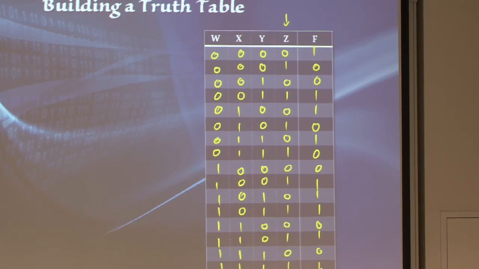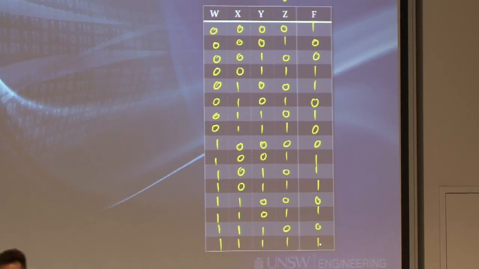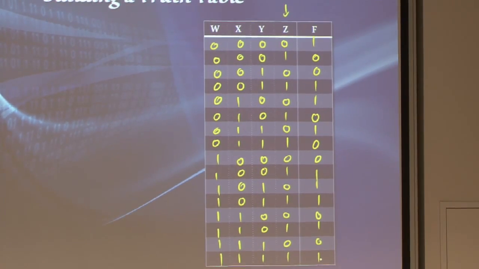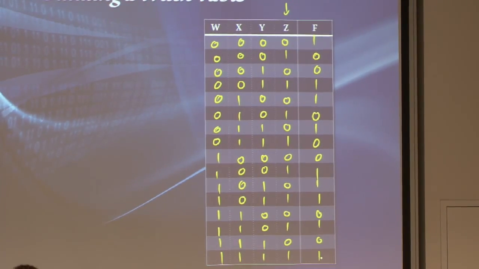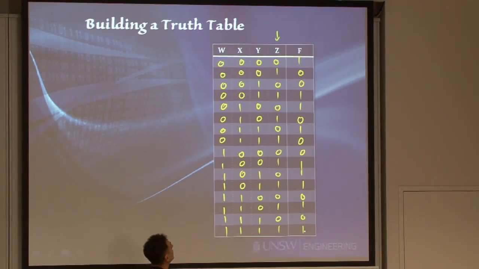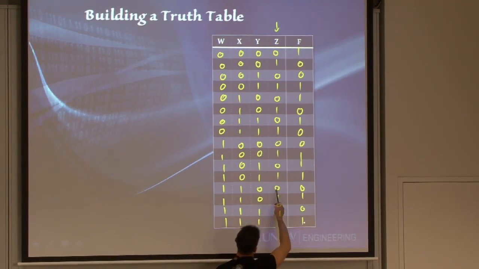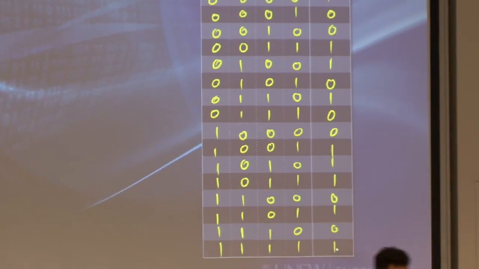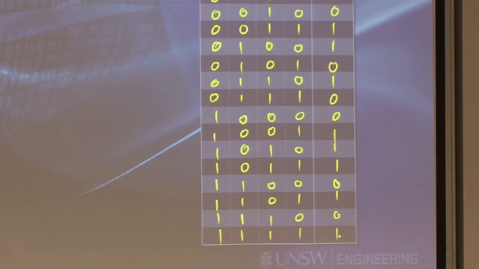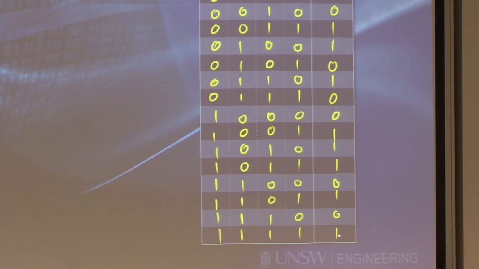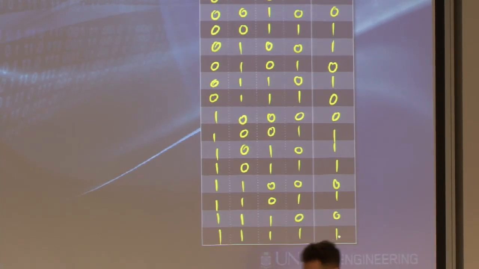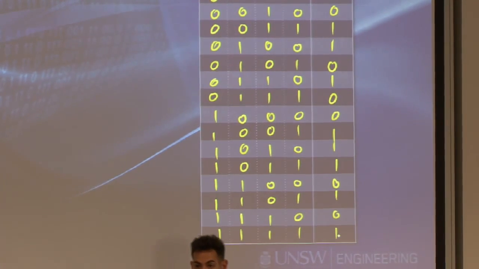For no apparent reason why I chose these combinations of zeros and ones, it's just an example of a function. Now my function might say that whenever w is 1, x is 1, y is 0, and z is 0, the function should produce a 0, as an example. We will see how to come up with those kind of functions a bit later.